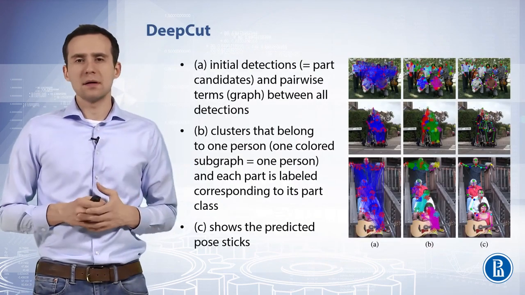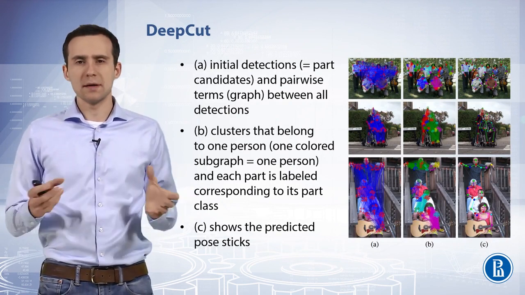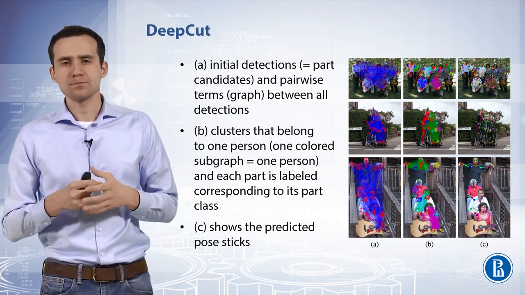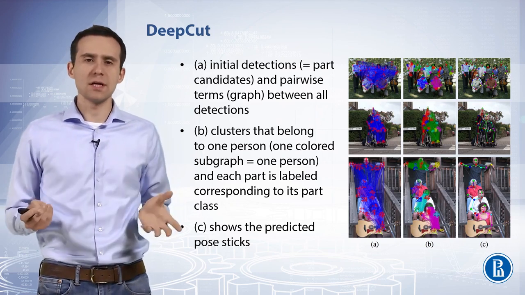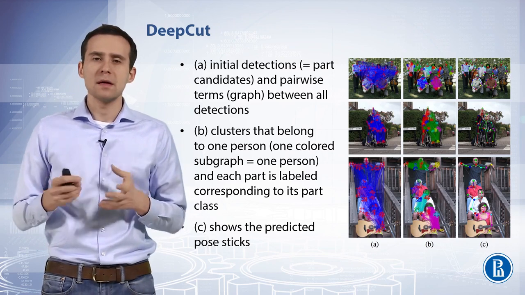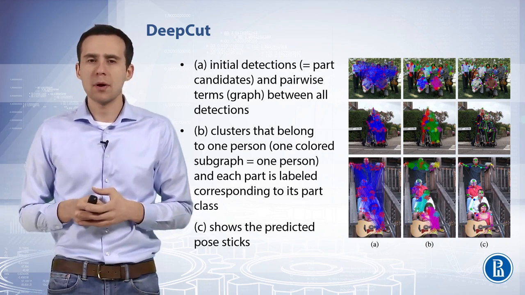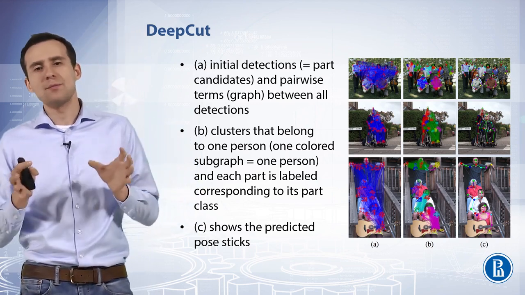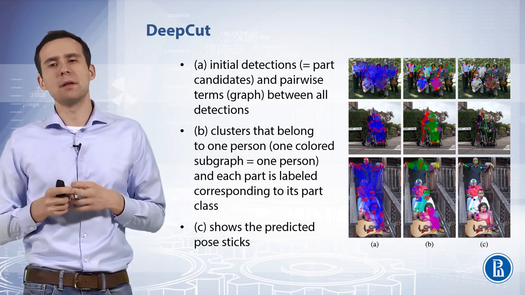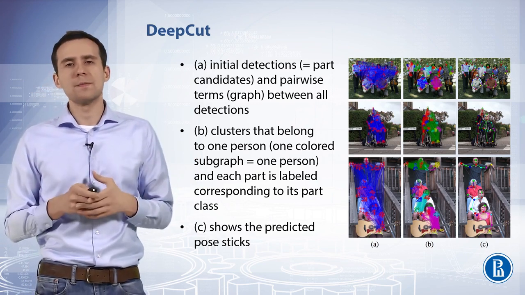The DeepCut algorithm, a bottom-up approach that jointly labels part detection candidates and associates them to individual people, requires solving the integer linear programming problem over a fully connected graph, but that's an NP-hard problem, and the average processing time is on the order of hours.